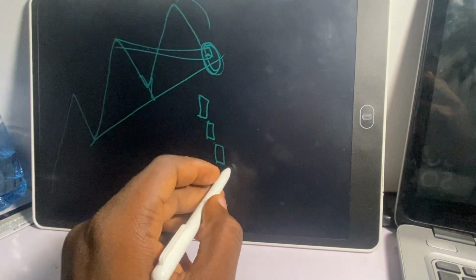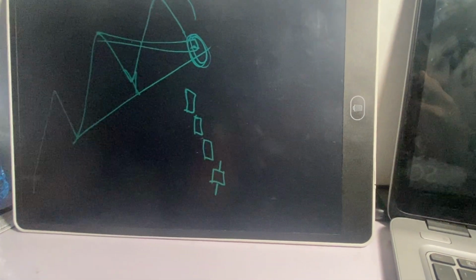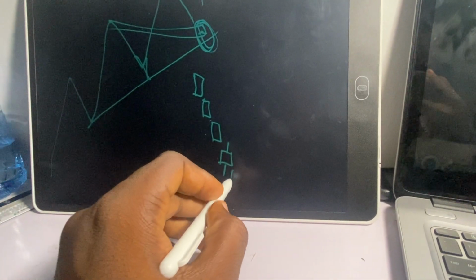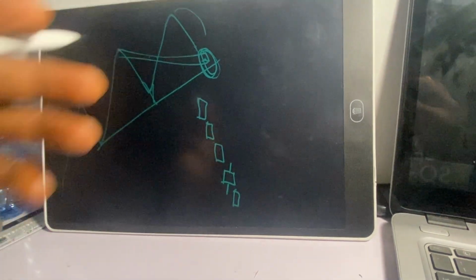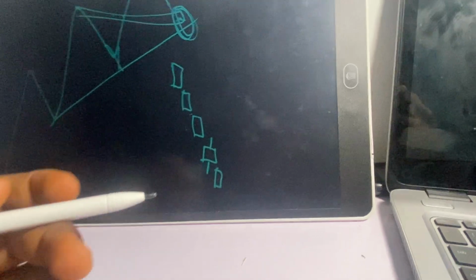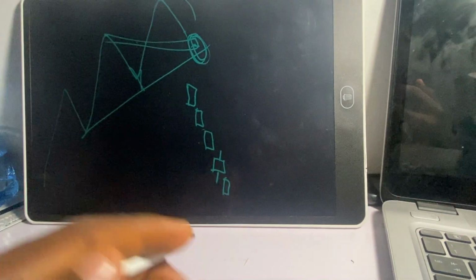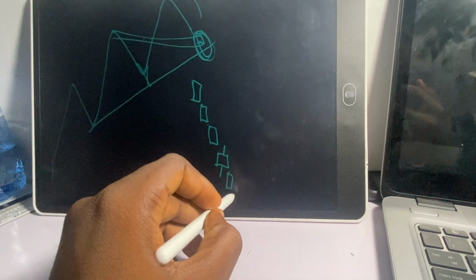They can come in any form. You don't have to keep being strong like this. They are coming, they are losing momentum, then they get to this line. And you thought the sellers are strong, they are moving towards you in a strong form. Then what happens? A candlestick forms.